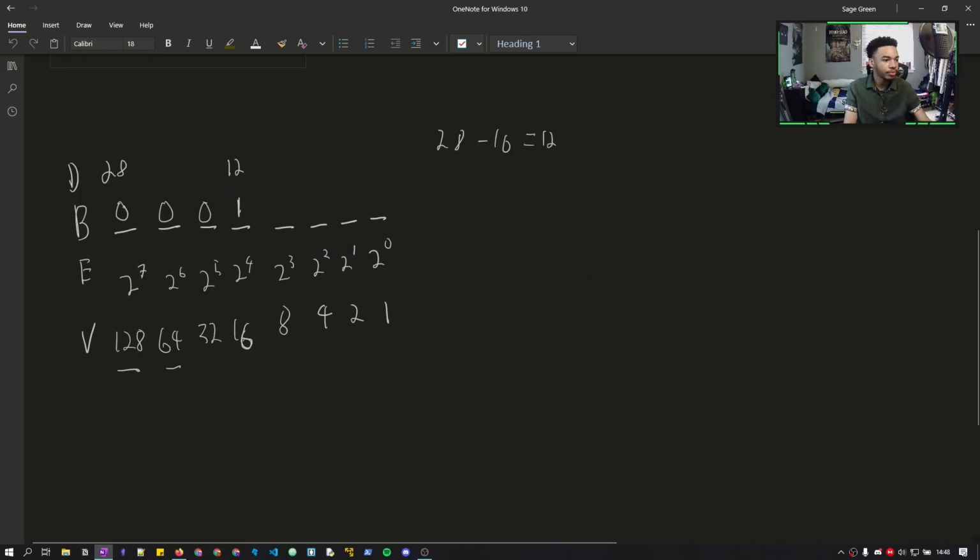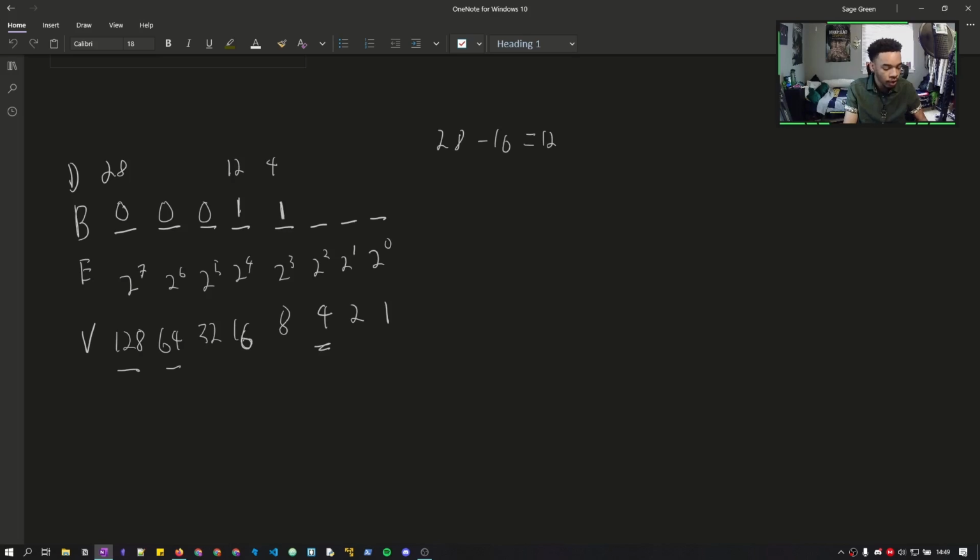Now we just continue the process, using our new decimal number 12. Can 8 go into 12? Yes, 8 can go into 12, so we'll put a 1 here. If we subtract 8 from 12, we get 4. Now, can 4 go into 4? Yes, this 4 can go into this 4.